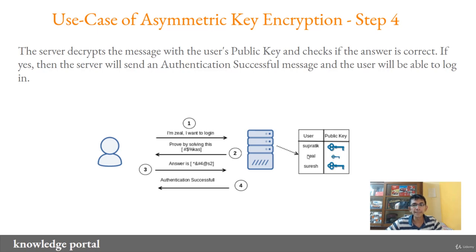Since the message is decrypted, the server can know that it was encrypted with the corresponding private key which user Zeal holds. This is one of the ways in which it knows that an individual who wanted to log in has the correct associated private key, and it also looks into the challenge and then sends the authentication successful message. So this is one of the approaches for asymmetric key encryption.